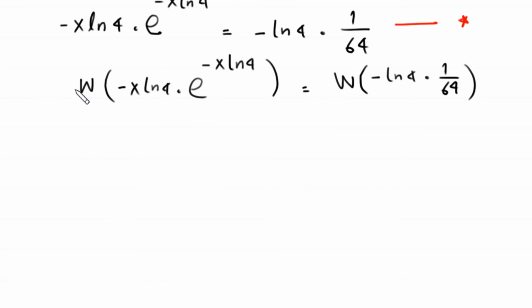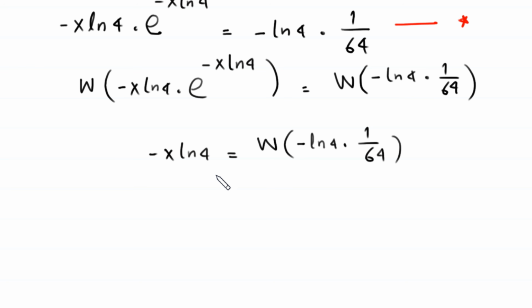Now Lambert W function of this expression is equal to negative x times ln of 4 equal to Lambert W function of negative ln of 4 times 1 over 64.